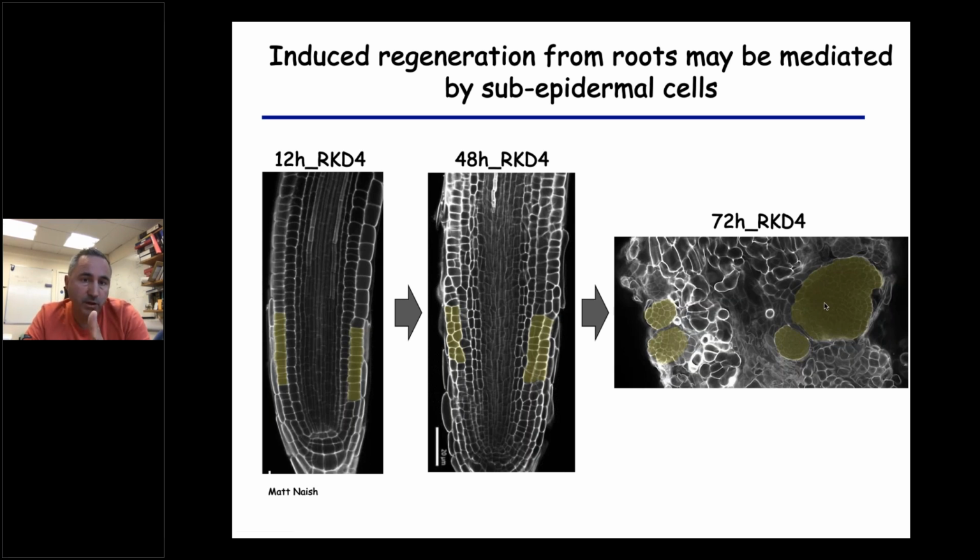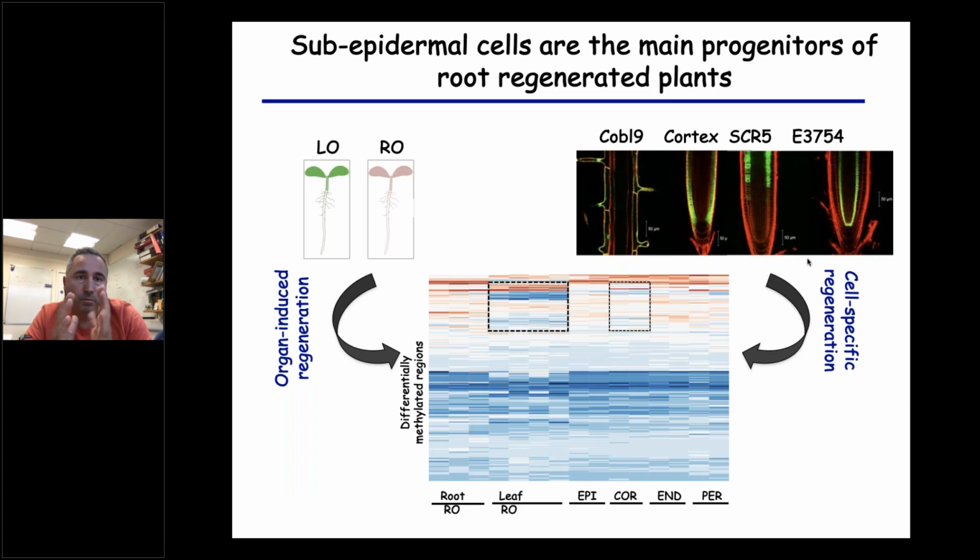So to get a genetic handle on this, we compared the methylome of plants that were cloned from leaves or from roots with plants that were cloned from individual cell types within the root. And for that, we used different GFP markers for different cell types. When we compare the methylation data for these populations, they were not individual plants, they were populations.